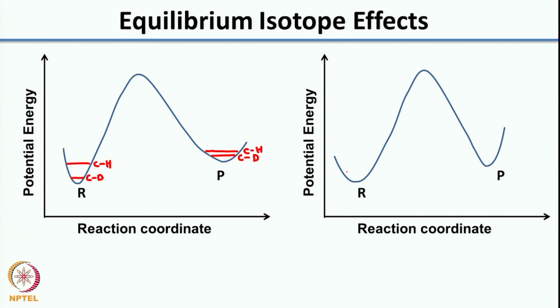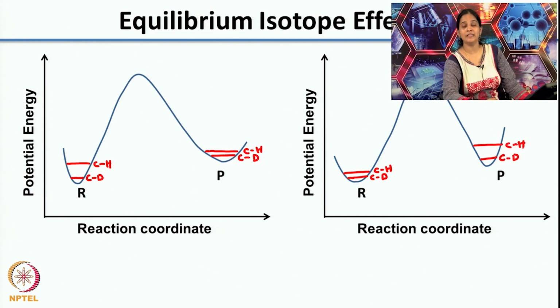Or you can have the reverse scenario where you have a small difference between CD and CH in the reactant and a large difference between CD and CH in the product. So, these are the two scenarios.